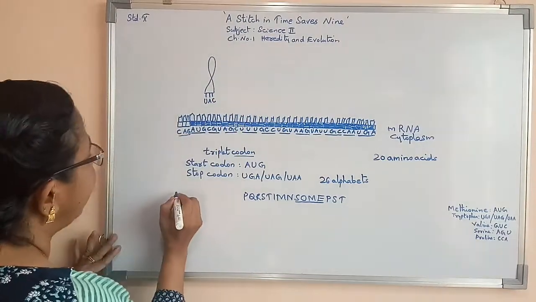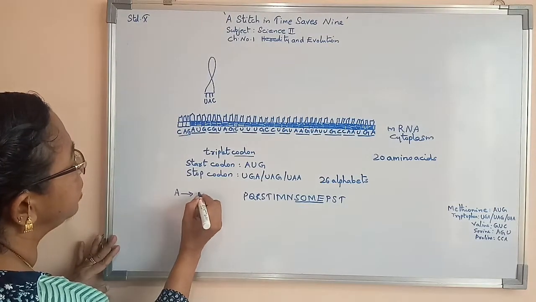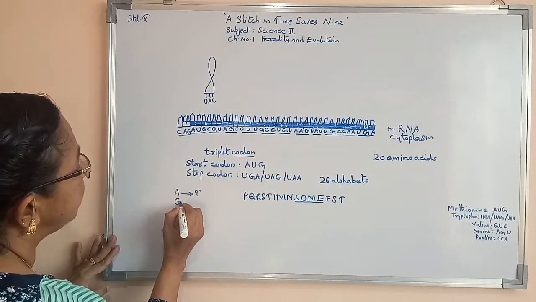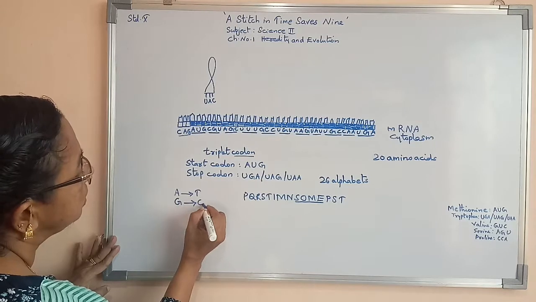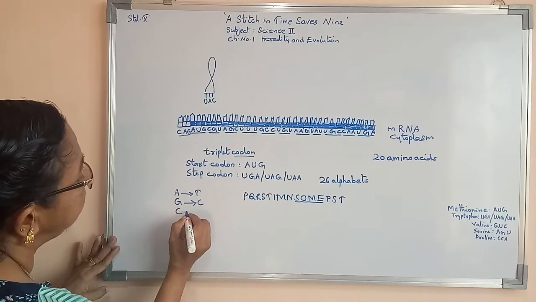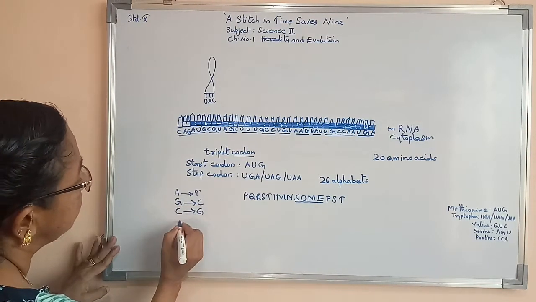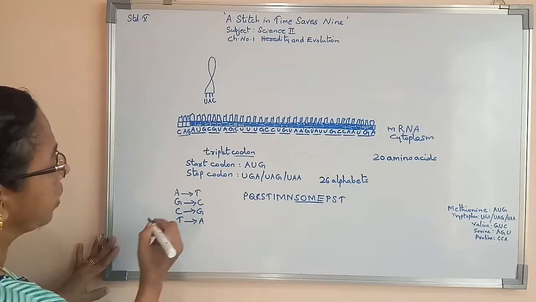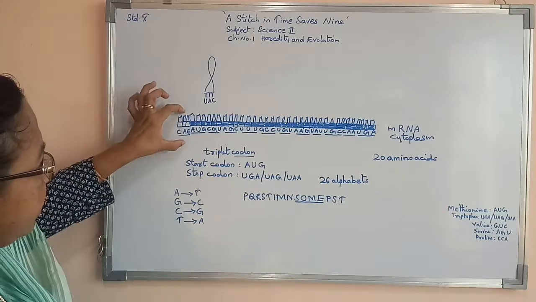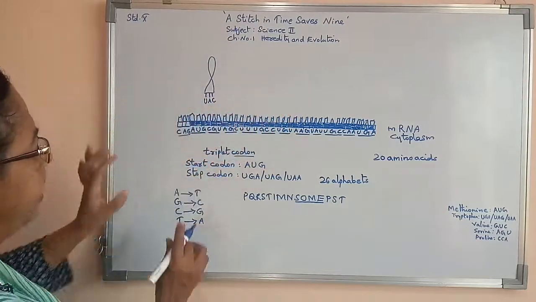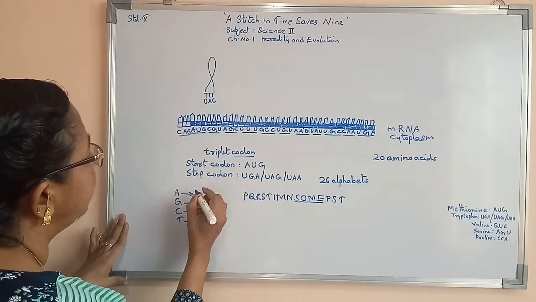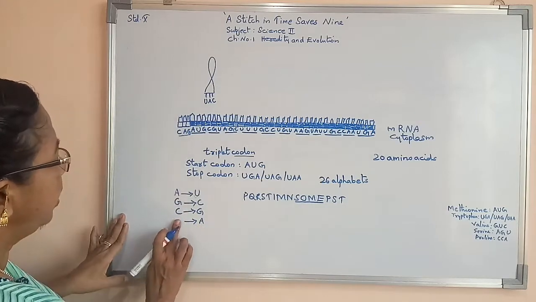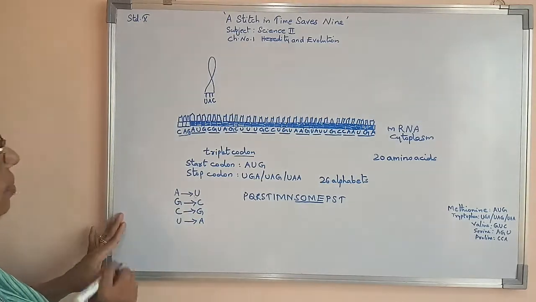As we have studied, A pairs with T, G pairs with C, C pairs with G, and T pairs with A. But here this is RNA, so T won't be there, U will be there.